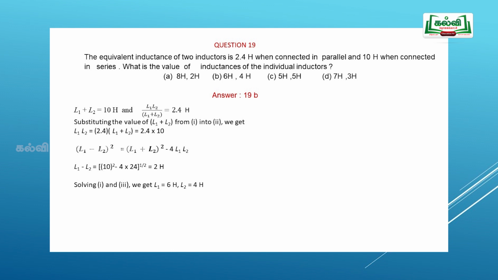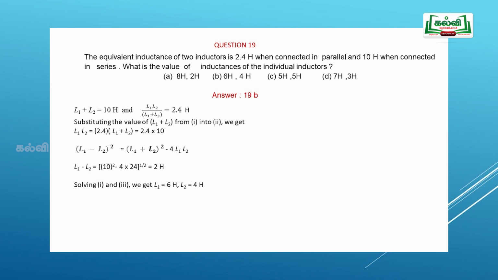Inversely related to C, V is equal to Q by C. Then coming to the mutual induction, E is equal to L di by dt. E, the voltage, is equal to L. So how is voltage related to L? Directly related to L, similar to Ohm's law. So V is directly proportional to R, and here voltage is directly proportional to L. So the way you deal with the resistance, you deal with the inductor.